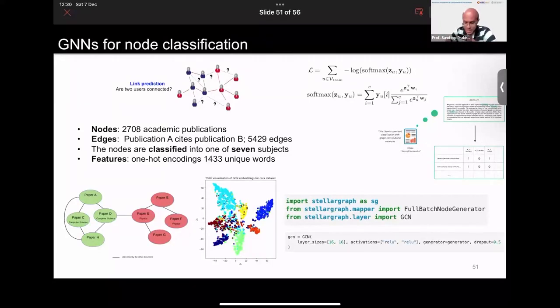A common pedagogical example in graph learning, similar to the MNIST database, is the Cora data set, which is a database of academic publications. The basic goal is the following.